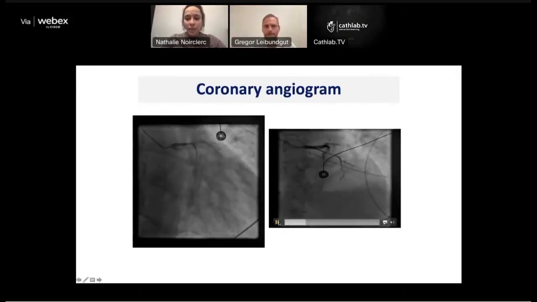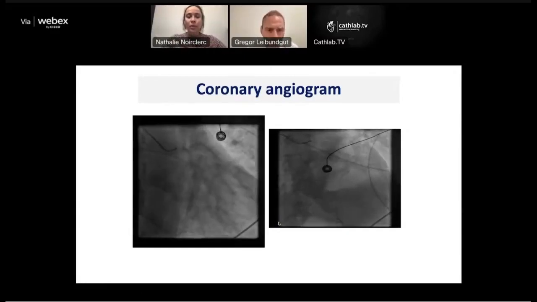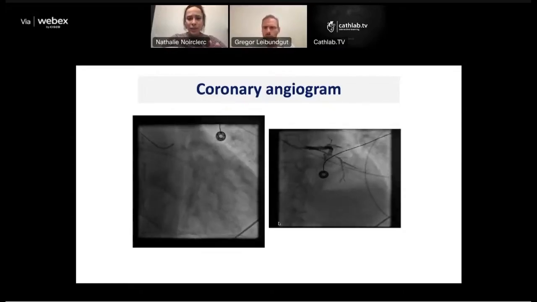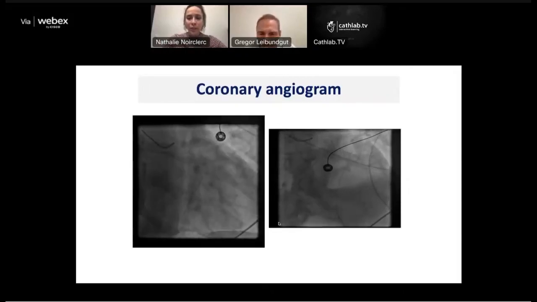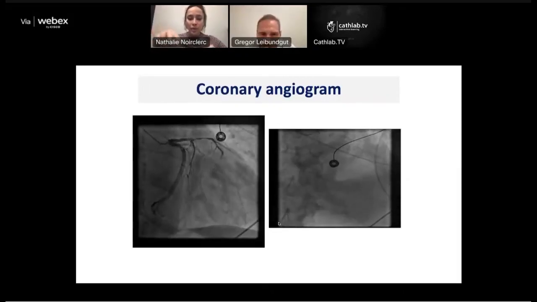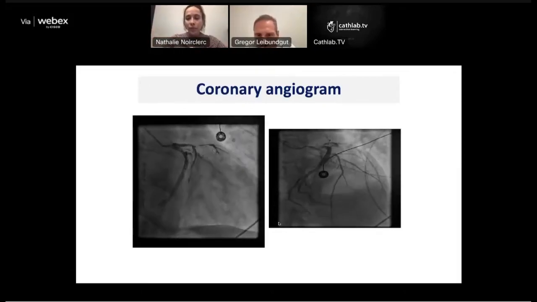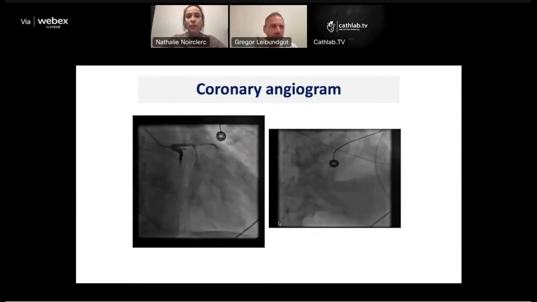So just take a moment to look at the branches because it's important for what's next. The stent is on the proximal part. You can see afterwards that there is a small diagonal branch, the second diagonal, which is bigger, and then the distal part of the LAD. Sorry, I didn't understand.